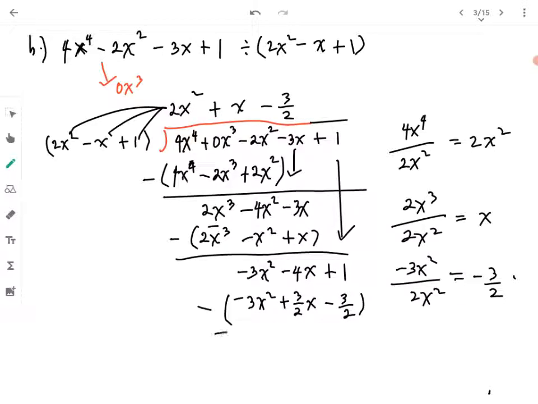Subtracting, negative 3x squared minus negative 3x squared gives us 0. The negative 4x minus positive 3 over 2 x, negative 5 and 1/2, that is negative 11 over 2 x. Then this one becomes positive 5 over 2.